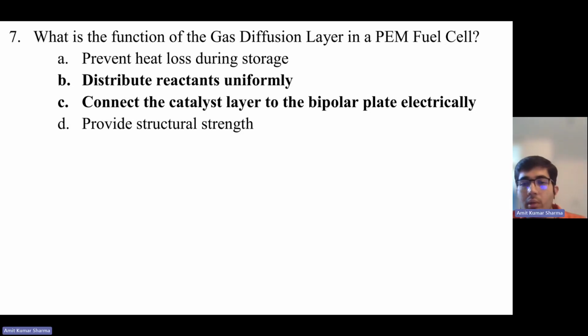So try to think about the function of the gas diffusion layer, or in short, GDL, in a PEM fuel cell.